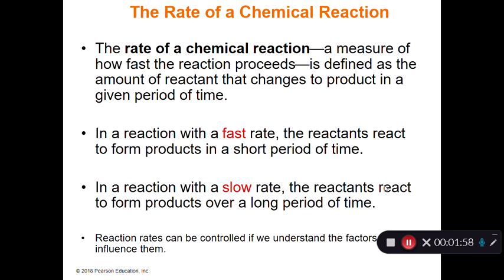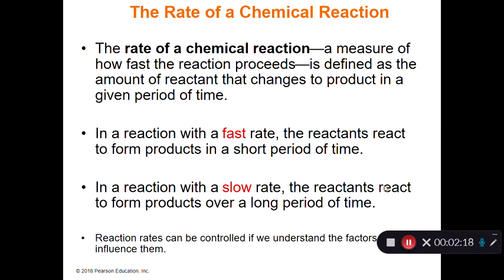Fast means reactants react in a short period of time to produce the products, and otherwise, if it takes time, it means we have a longer time and a slow rate.